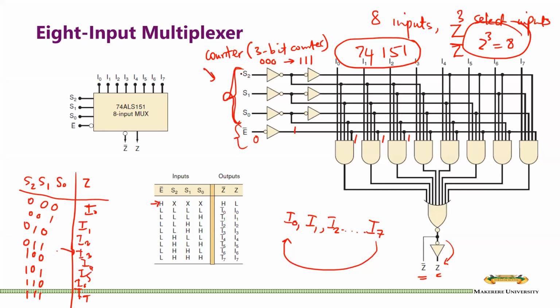And then we give it a clock signal, and a clock signal is obviously periodic. It will be the one generating these values S2, S1, and S0. And so you will keep changing. When you reach here, you'll go back to that. And so you can continue seeing your I0, I1, I2 appearing at the output in sequence.